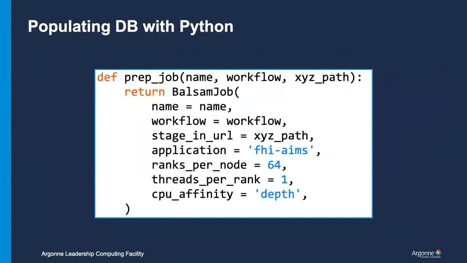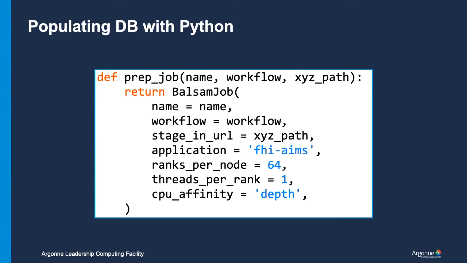Again, I'll show quickly that we can populate jobs in the database. So this is the same slide that you saw earlier, but now I can go into a little bit more detail. We define here a prep job function to create a Balsam job, given a name, workflow, and path to some input file. So in this case, we're creating a job that will stage in an external path.